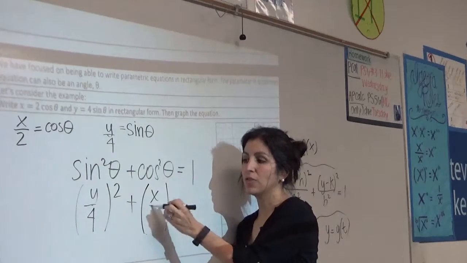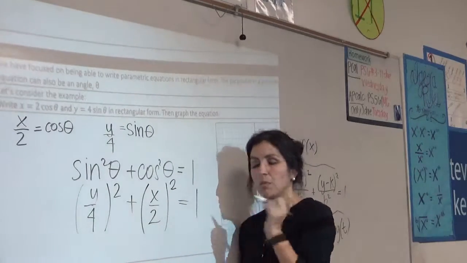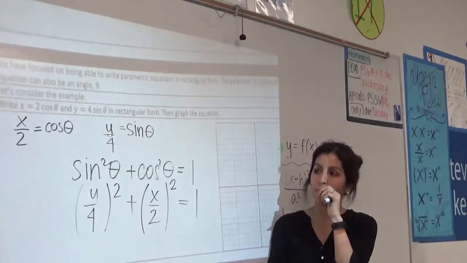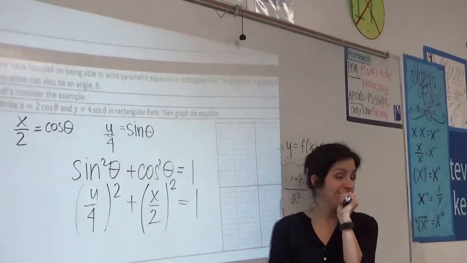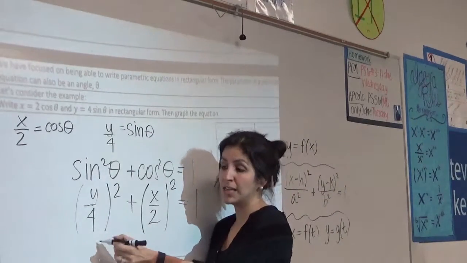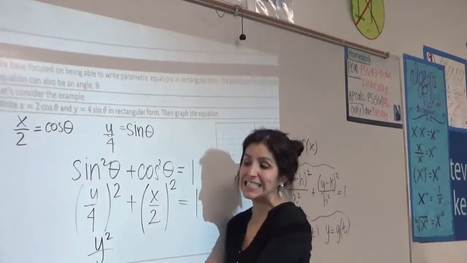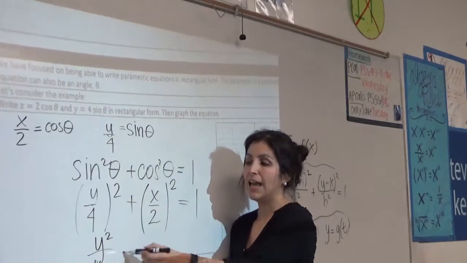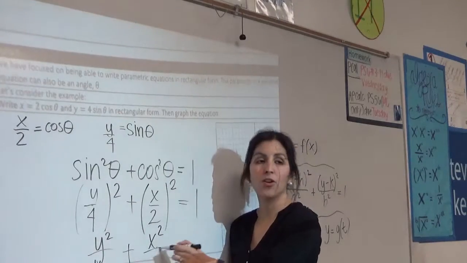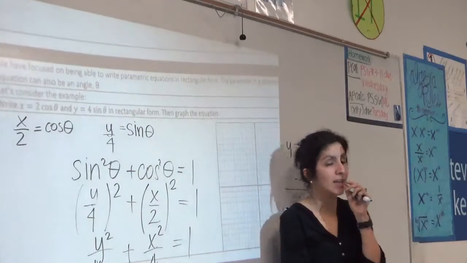Cosine is x over 2, and I need to square that. And both of those squares equal 1. When I square y over 4, make sure you're listening, I'm not saying this for fun, it's on your test. Y squared over 16. And here I've got x squared over 4, and all of that equals 1.